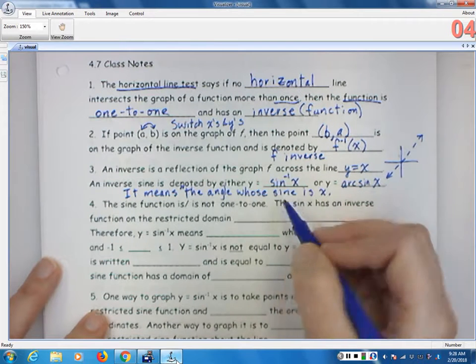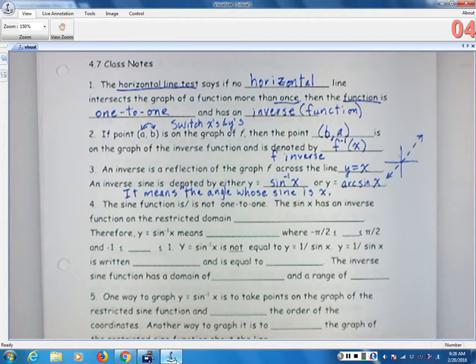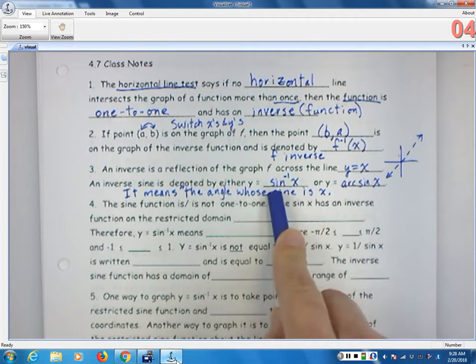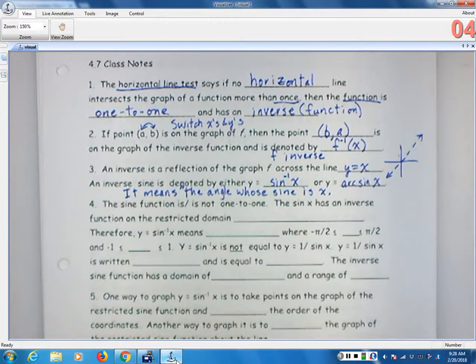That's what inverse sine means, or arcsine. That's the notation. So when you see this notation, it doesn't mean 1 over sine x. It's the inverse notation.